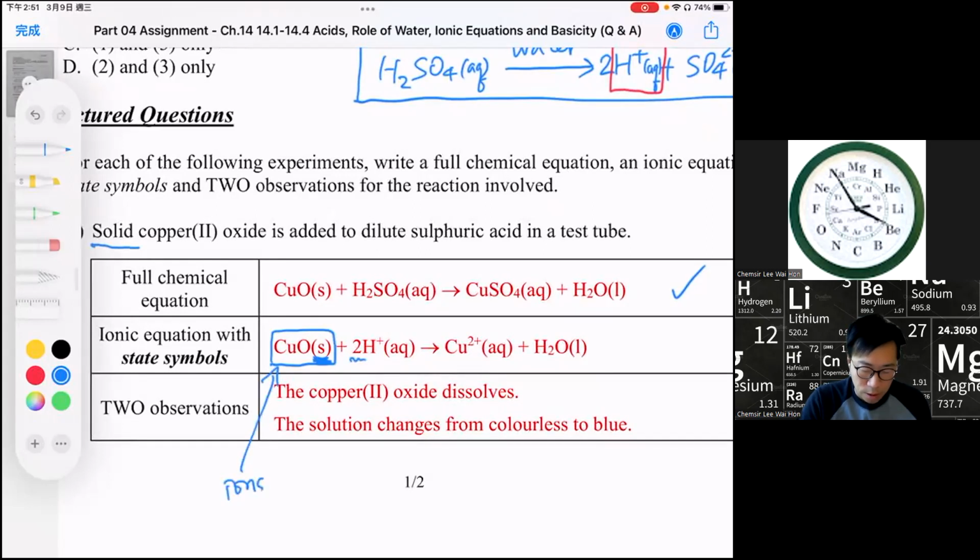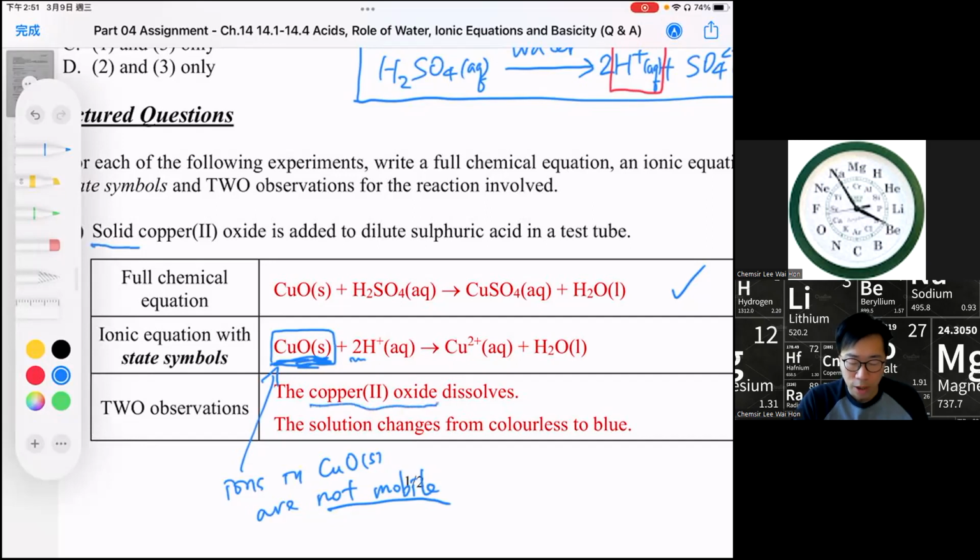And in the solid reactant, the ions in CuO are actually not mobile. So you have to write the whole formula, CuO. As for the observations, the copper(II) oxide, the solid reactant, dissolves. This is one observation.